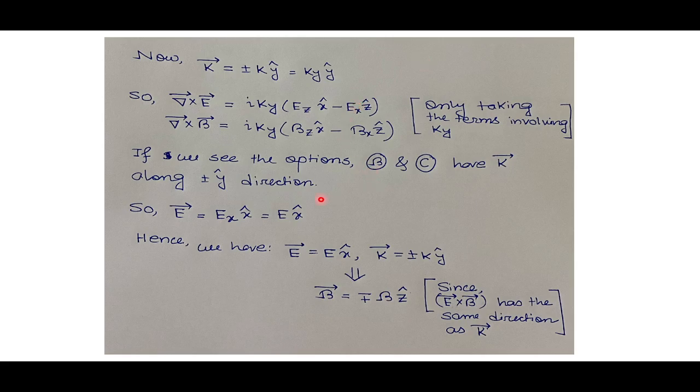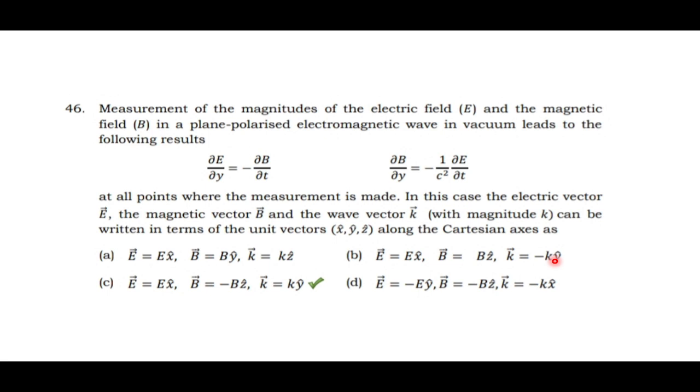So the options with the k vector along the y direction are B and C. You can see only B and C are correct there, since the k vector is along plus or minus y cap. Between these two options you will have the correct one, and from that you can easily find that your E vector is along x cap.